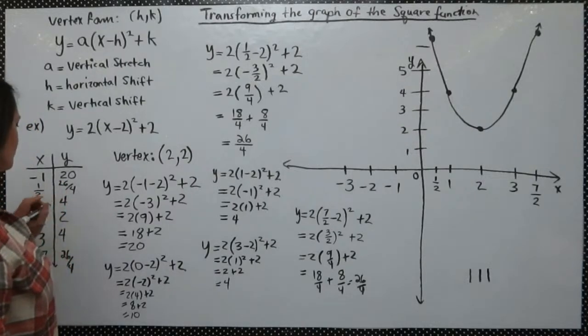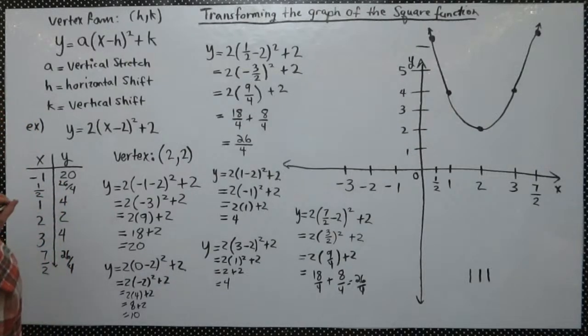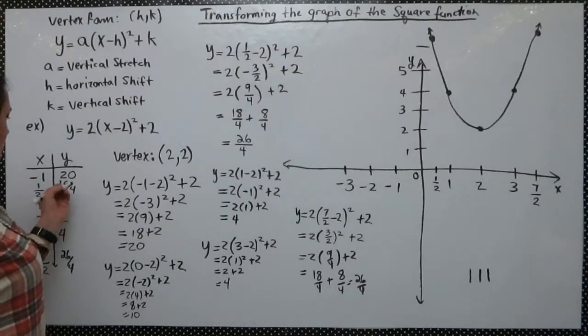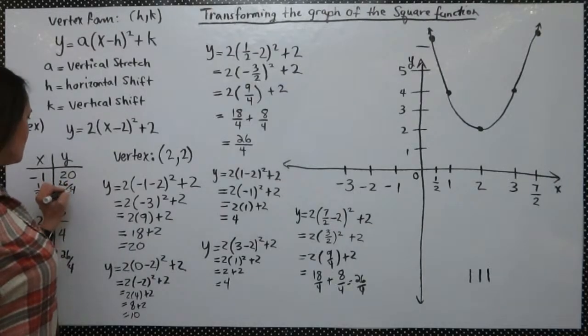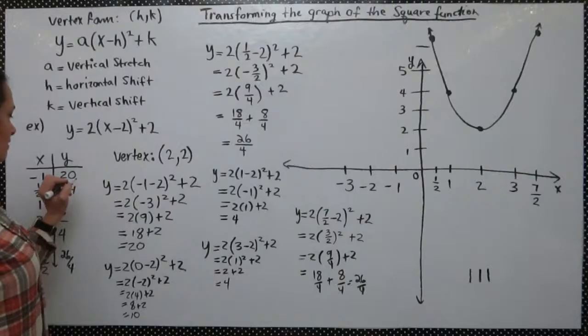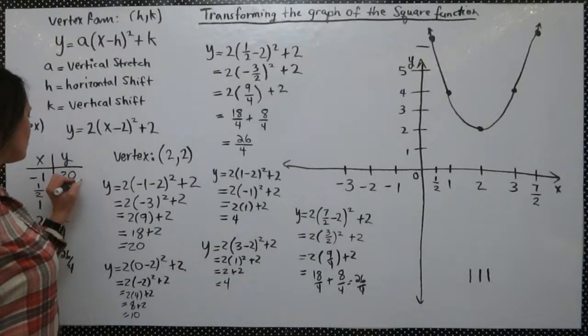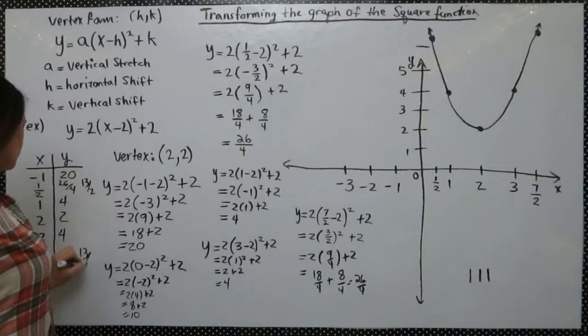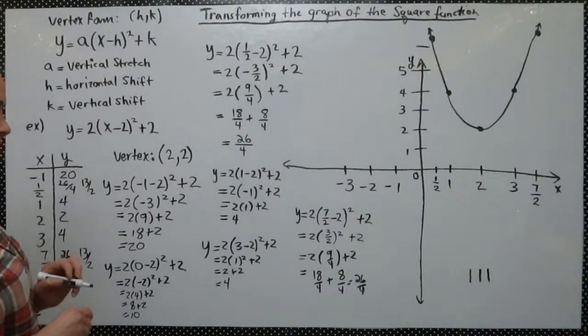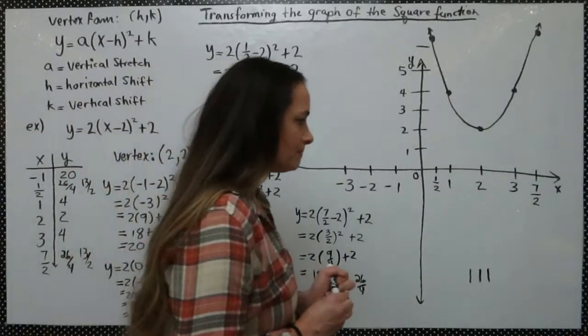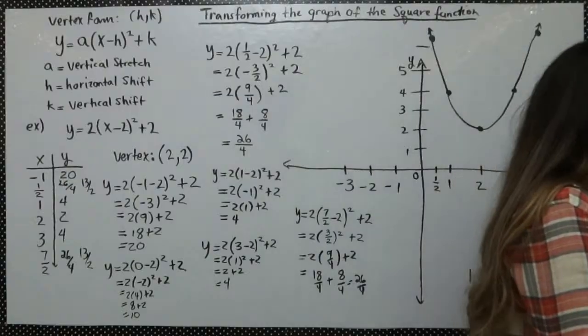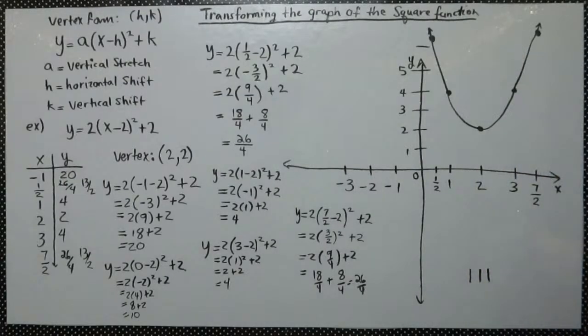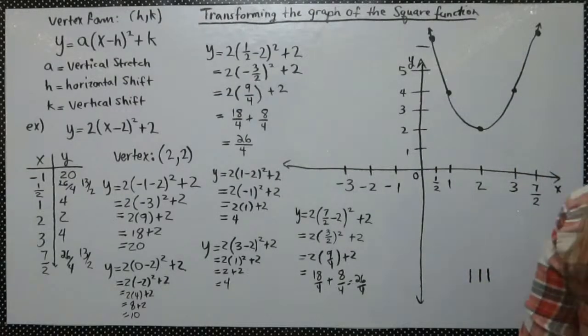What I realized is I didn't reduce my fractions. I know that 26 doesn't divide 4, but I could have divided a 2 out of both the numerator and denominator. That would have been 13 halves. So it's always best practice to work in reduced form. However, sometimes I get a little bit lazy.